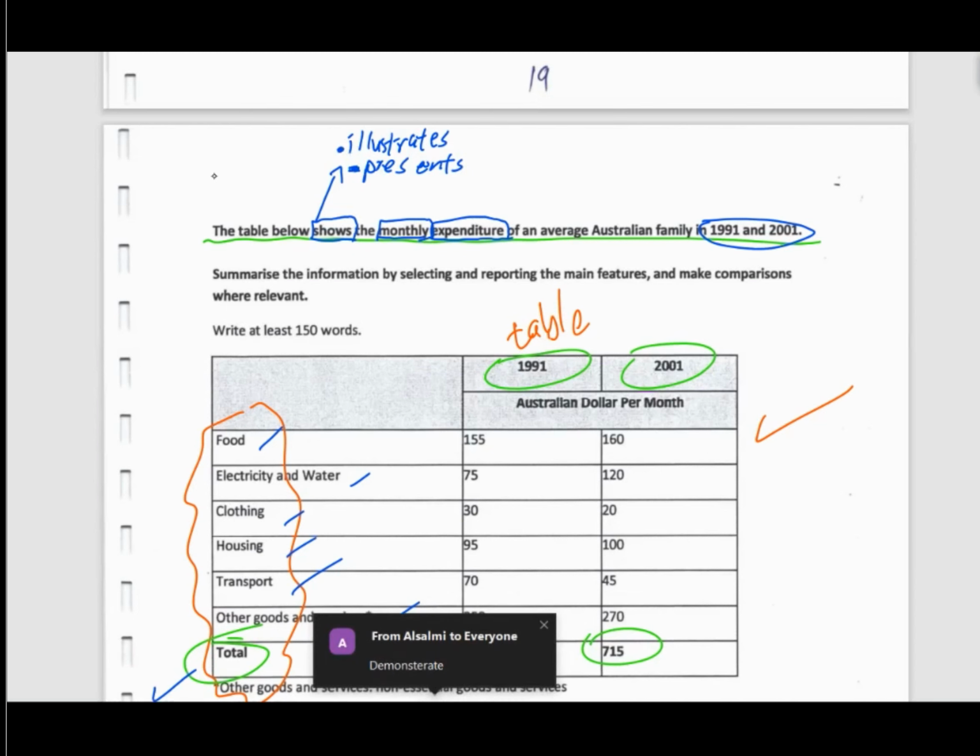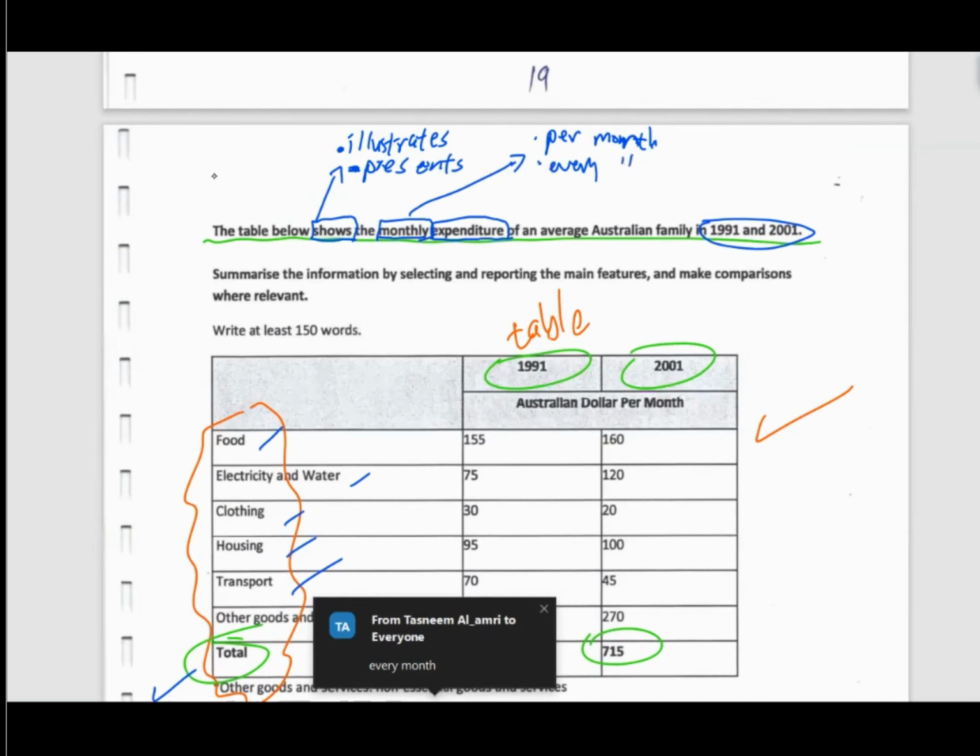Keywords for task 1. Monthly: per month, every month, a month.